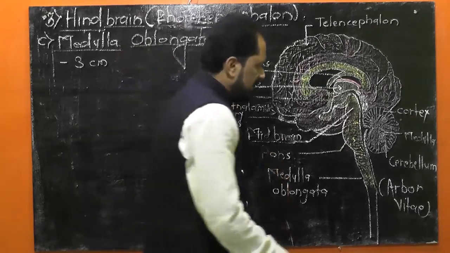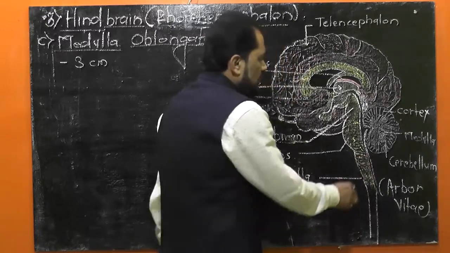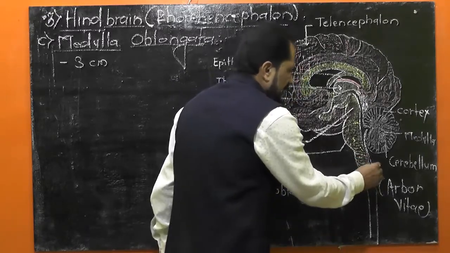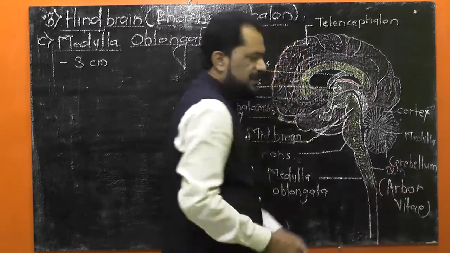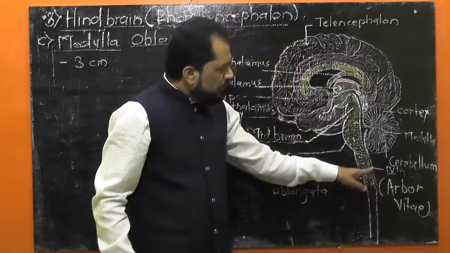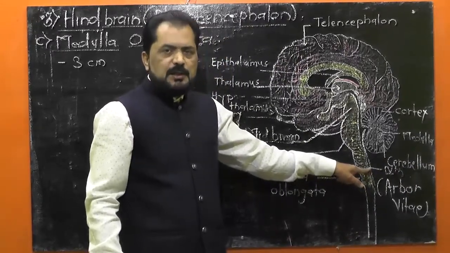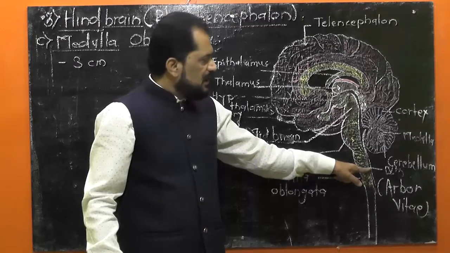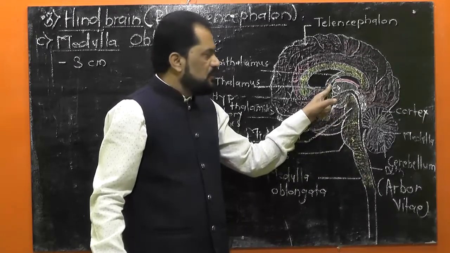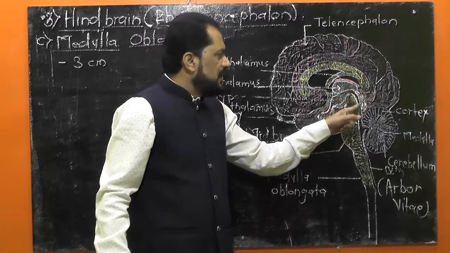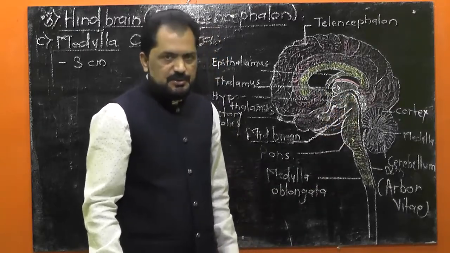The cavity enclosed by medulla oblongata is known as fourth ventricle. We have already studied that this fourth ventricle, that is the cavity of medulla oblongata, may be known as the metacele, and is communicated with the third ventricle, that is diocele, by means of a narrow canal, that is duct of Sylvius or iter.